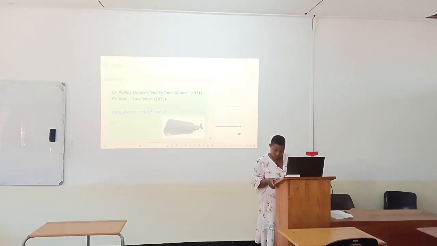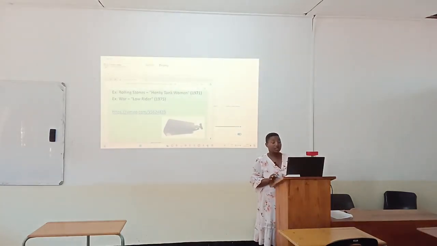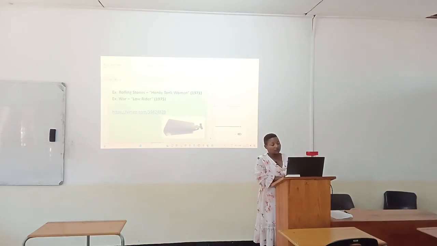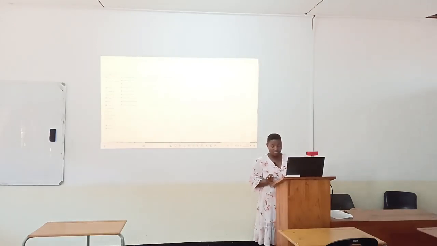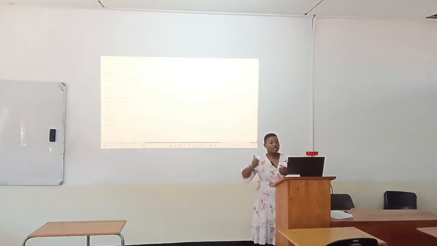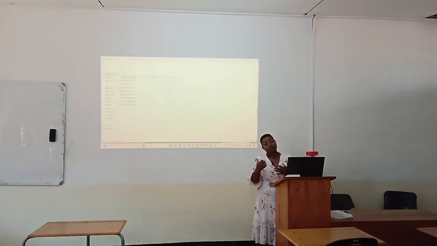So we have the keyboard instruments. Examples of keyboard instruments, what are they? The piano. The piano falls under the keyboard instruments, and you also have the one they sing with as they stretch it.